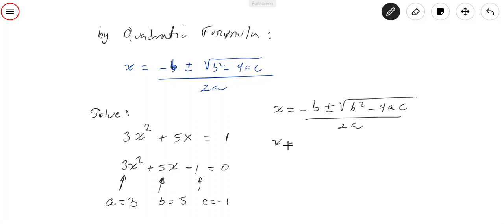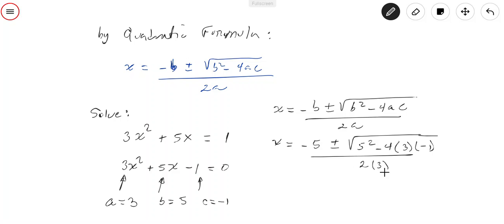So x will be equal to negative, what is b, 5, plus minus the square root of b squared, which is 5 squared, minus 4 times a, which is 3, times c, which is negative 1, all over 2 times 3. So x equals negative 5 plus minus, 5 squared is 25, minus 4 times 3 is 12, times negative 1, positive 12, so 25 plus 12, all over 2 times 3, which is 6.